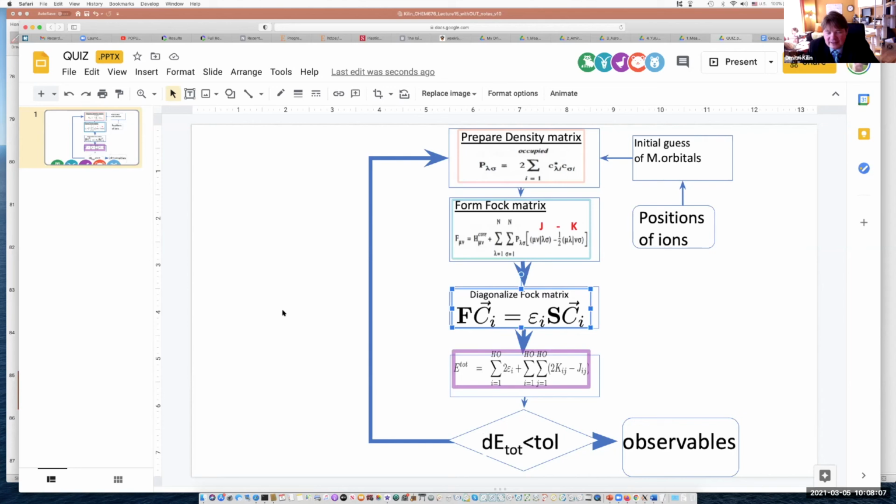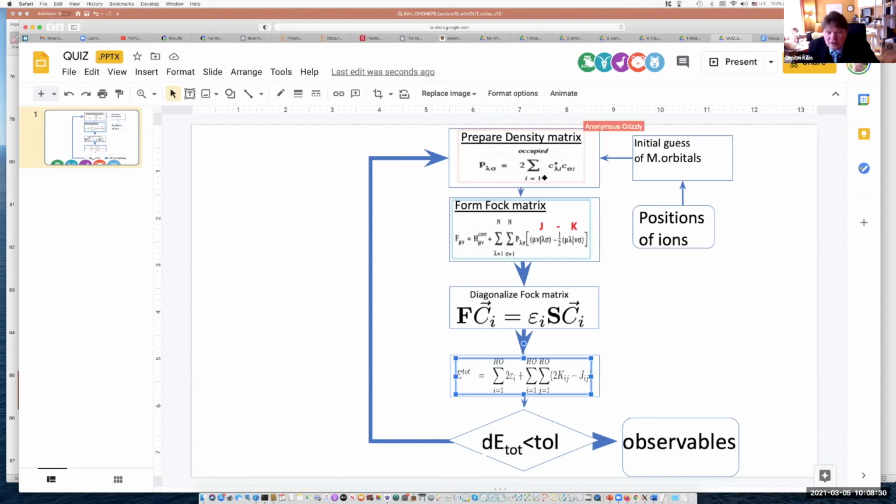You see the challenge for the code, not for us as humans, but for the code: after each time the expansion coefficients C are found, if the tolerance limit is not matched, then we form a different density matrix.